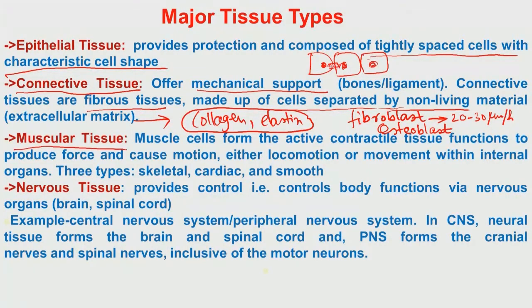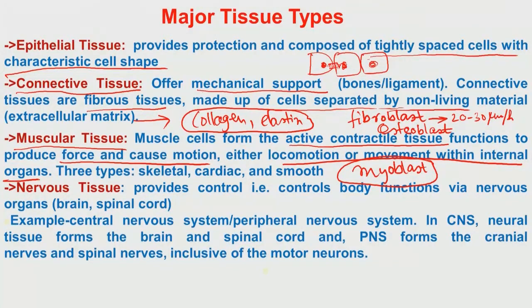Then the third classification is muscular tissue, essentially muscle cells. Examples of the muscle cells are the myoblast cells. This is one of the types of cells that are abundant in muscle tissue, and one of the properties of myoblast cells is that they have the characteristic contractility property, and therefore these tissues have a very active contractile nature, and they also produce force and cause motion during locomotion or movement within internal organs.